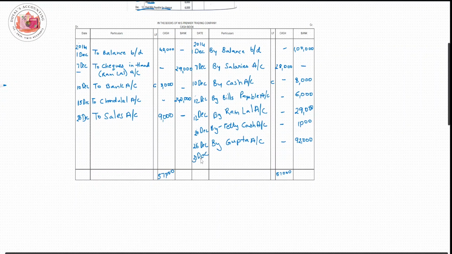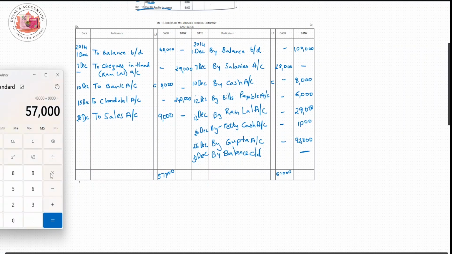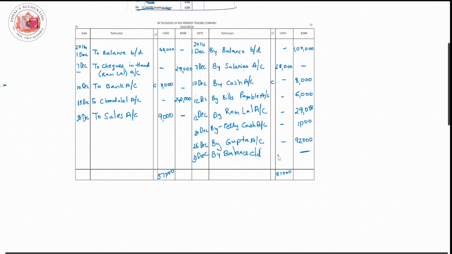It is obvious that my debit side is more than my credit side, so to balance, I will make the closing entry on my credit side by balance carried forward or carried down. This is for my cash column. 57,000 minus 28,000, so I will get a balance of 29,000. My closing cash balance is rupees 29,000.